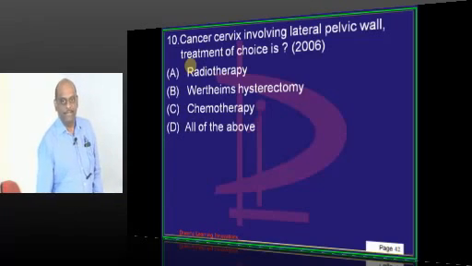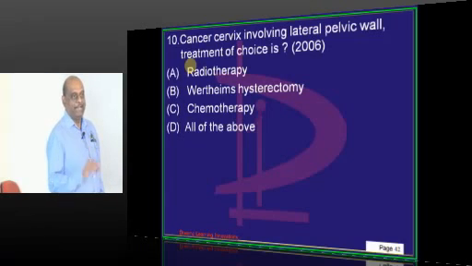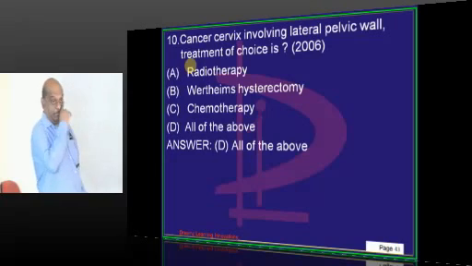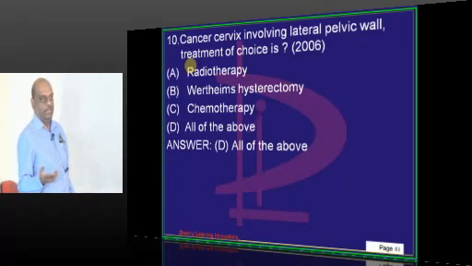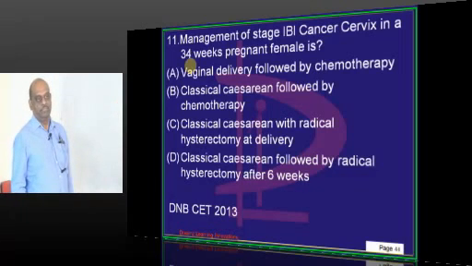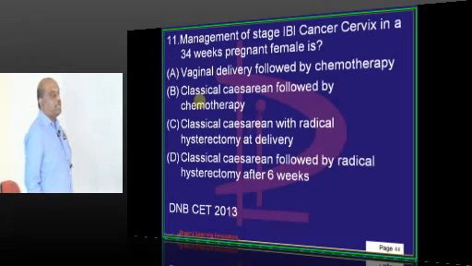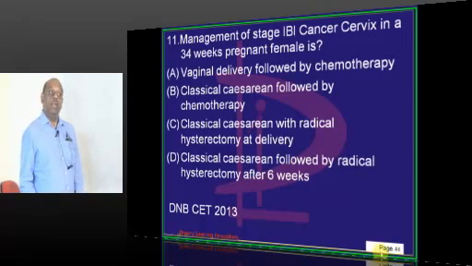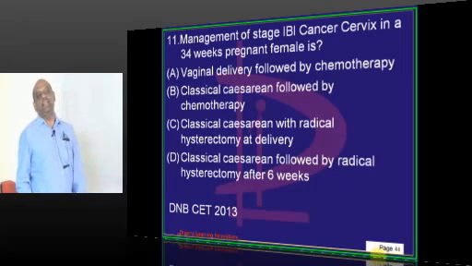Obviously, ideally, all of them can be done. Then stage 1B1 cervical cancer, 34 weeks pregnant female. What do you want to do? This is a really challenging clinical scenario in clinical practice.